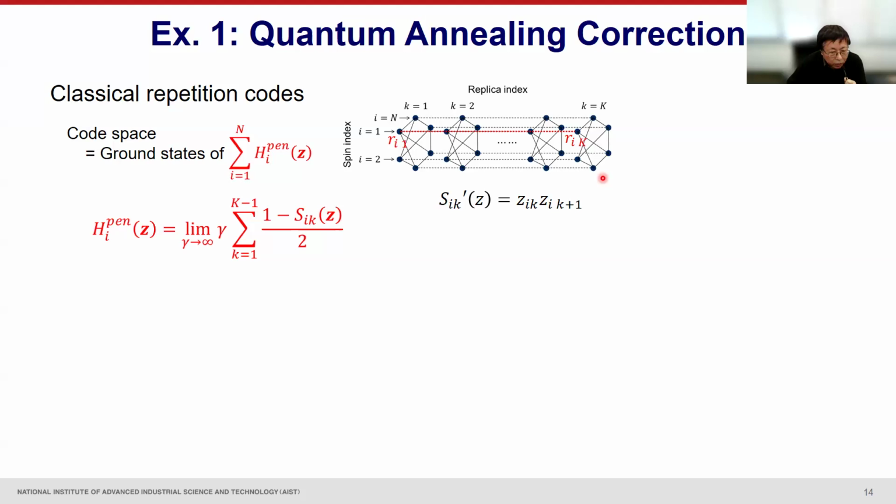In this system, we consider K replicas of a network of N Ising spins characterized with the same intra-replica connectivity coefficient, Jij.